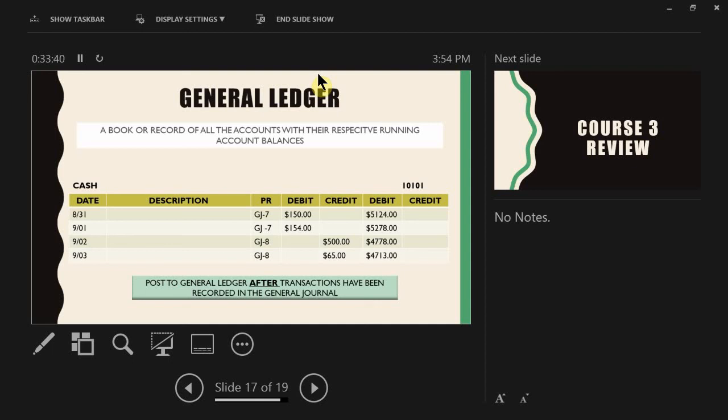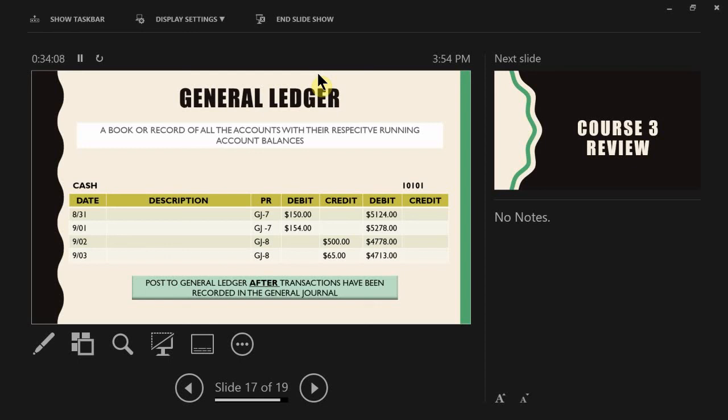So in this case, this is my cash ledger. It's giving me a total balance at the end of every single transaction that occurs, okay? And you usually post to the general ledger after the transaction has been recorded in the general journal. So you need to place it in the journal first before you can validate this amount in your ledger, all right?